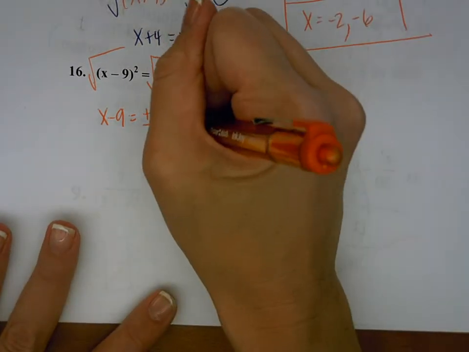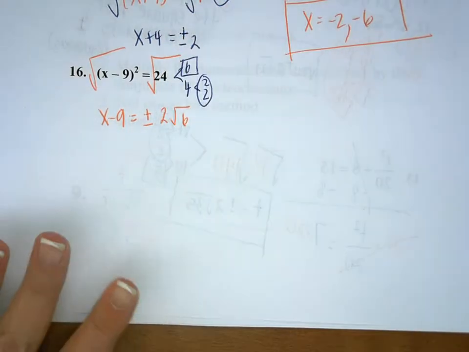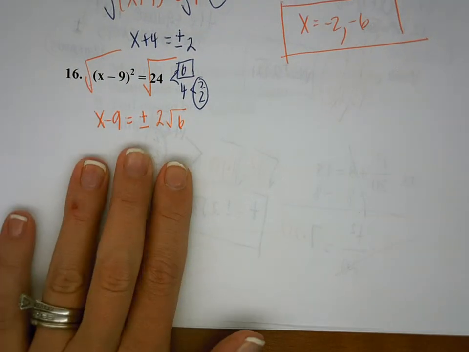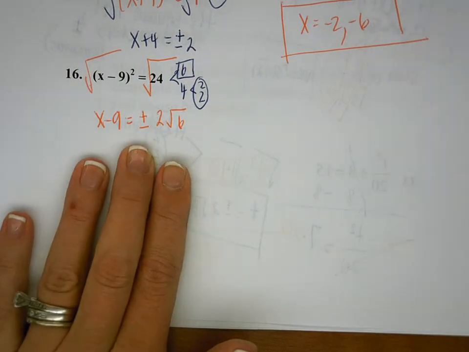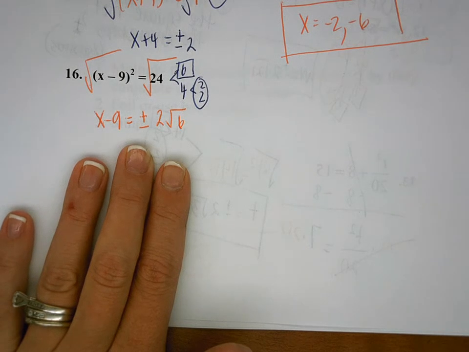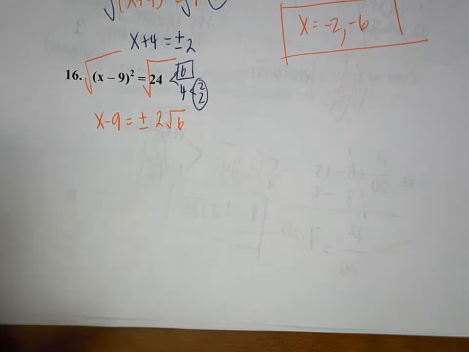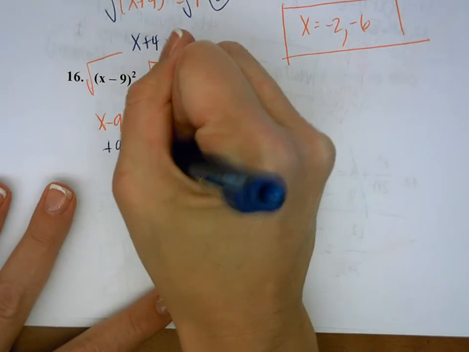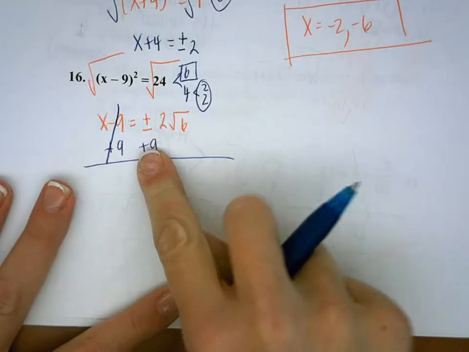2 root 6, right? Well, there's no point in writing these as two separate equations because you're not going to be able to simplify it to be a single answer. So on this one, all I'm going to do is just add 9 to both sides. Can I add 9 with the 2 root 6?